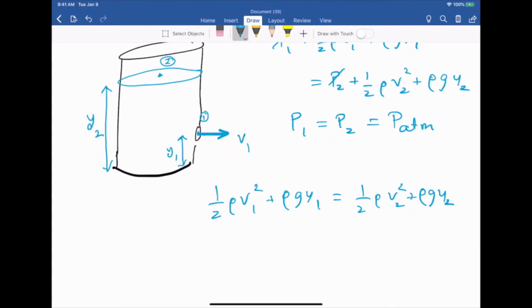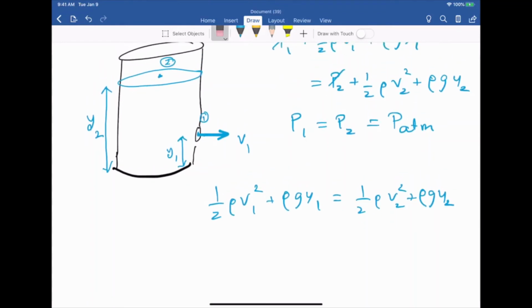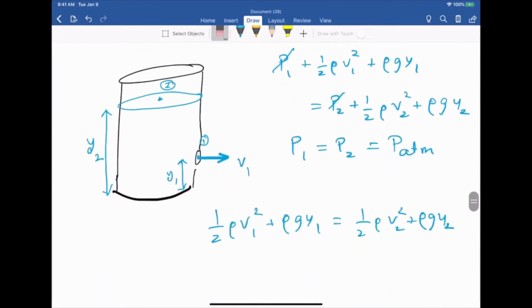I told you that in Bernoulli's equation problems, sometimes you also have to use the equation of continuity. So what does the equation of continuity give us? Let's say that this area is A2 and this area here is A1.